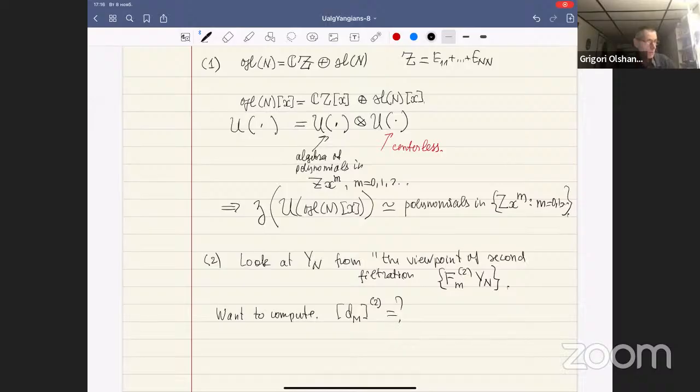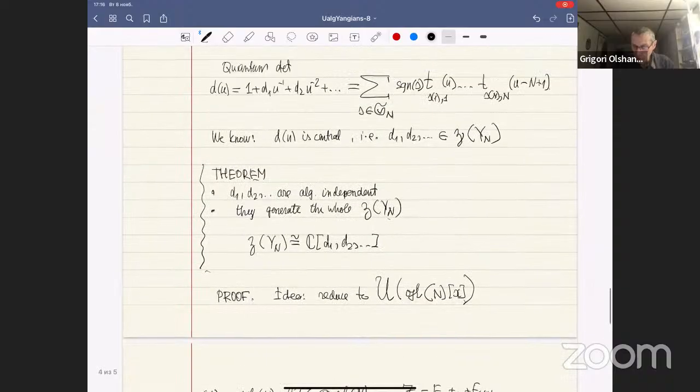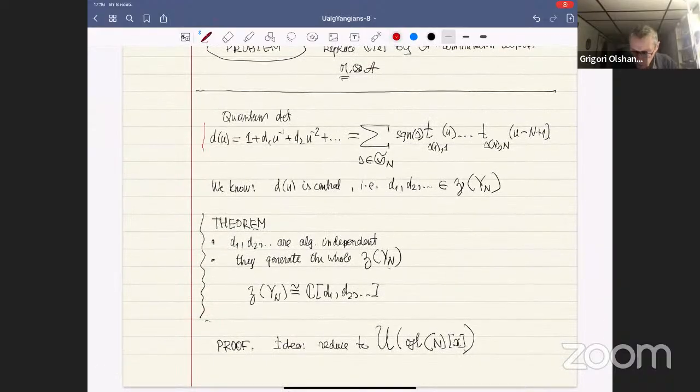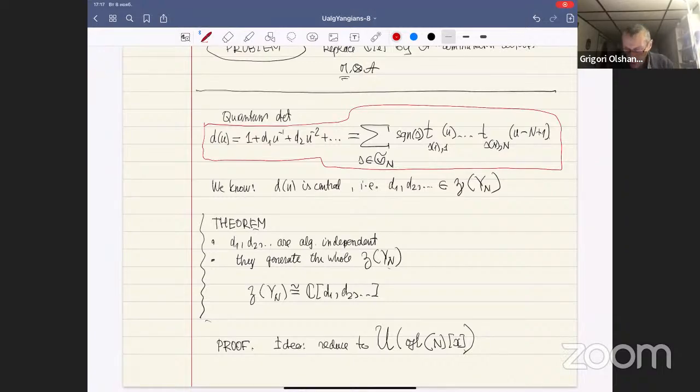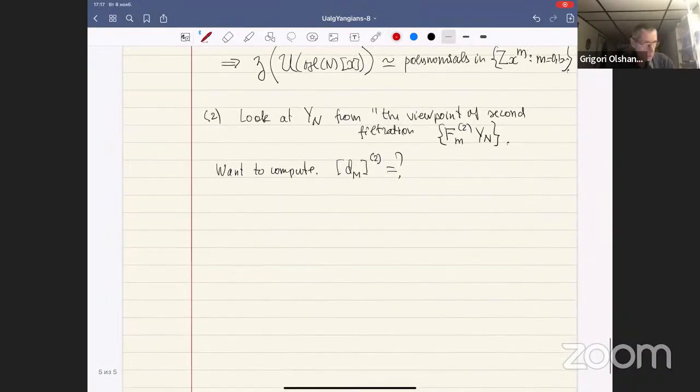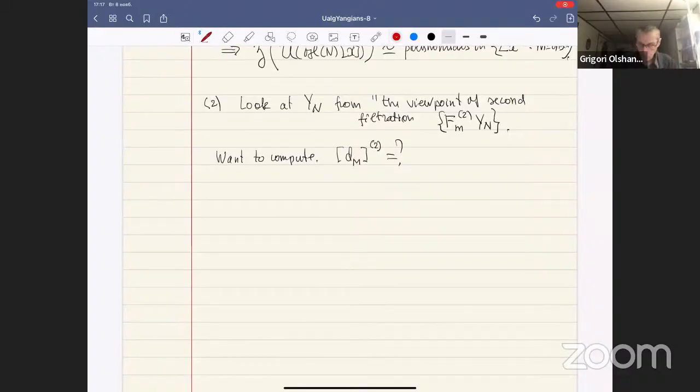So what is this? Now look at our initial formula. You have to look closely at this formula. So what does it say to us? It says that the mth coefficient is the corresponding coefficient in the expansion of the right-hand side. So we can write that this coefficient is obtained as follows.